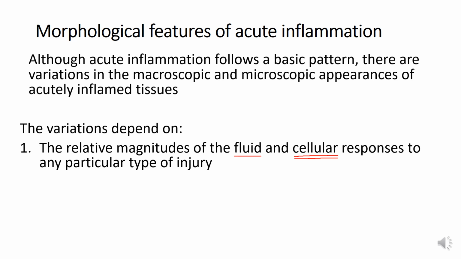When it comes to fluid formation, that is the exudate, this largely depends on the type of tissue. If it is a well compacted tissue, then there won't be much space for fluid to accumulate, and in that case the amount of exudate formation will be limited.